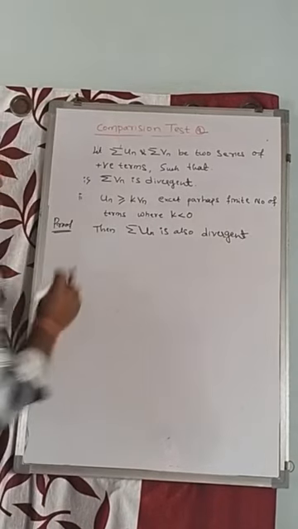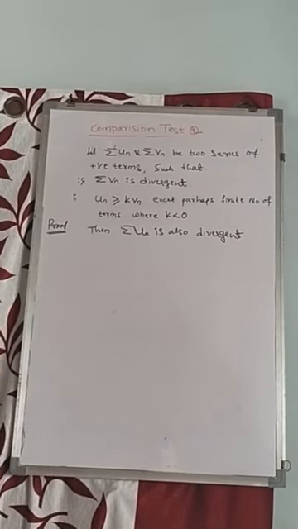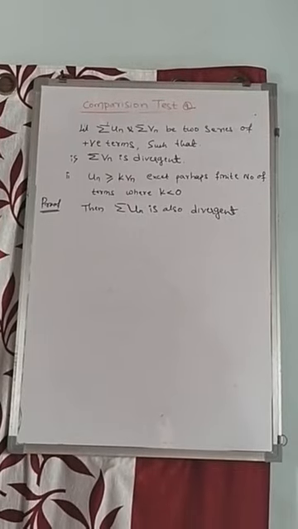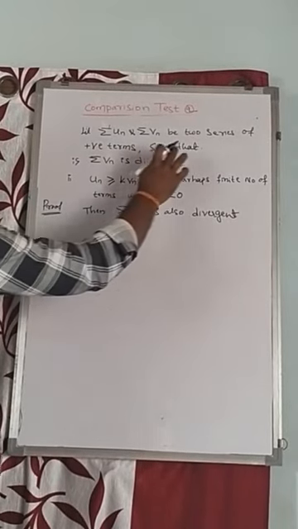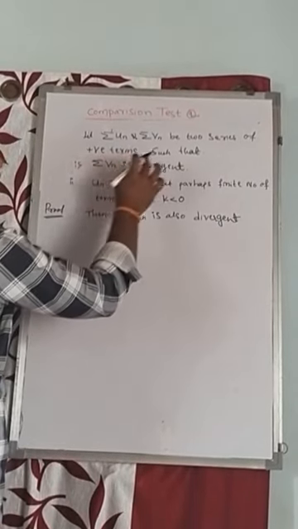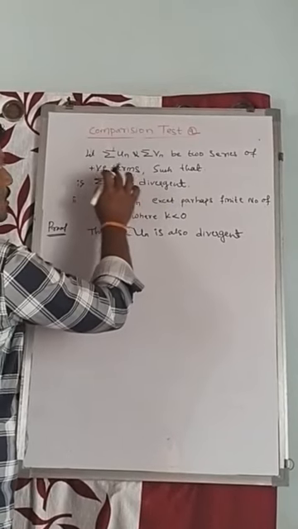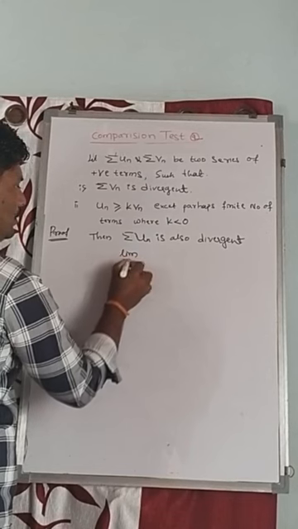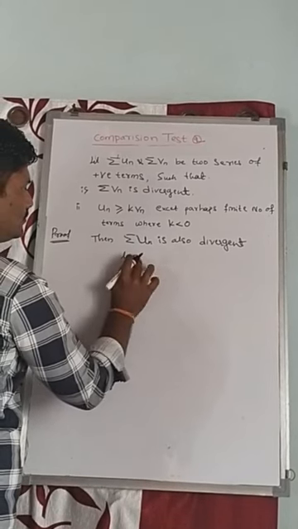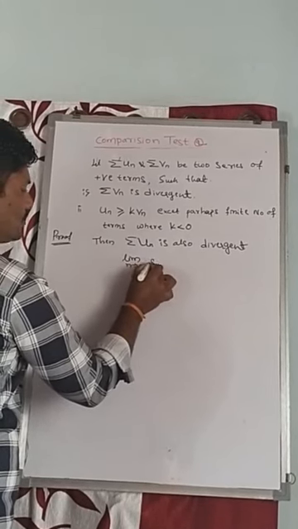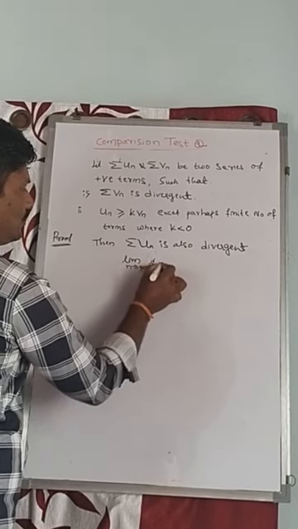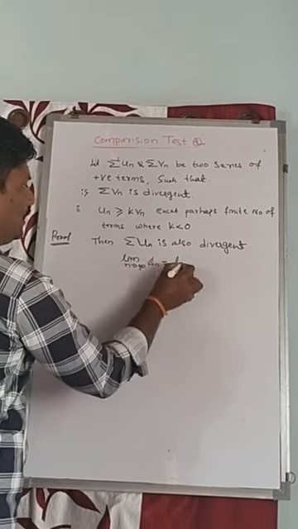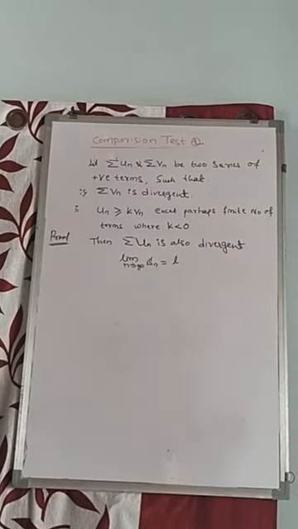First condition, summation of un is also divergent because the two series are series having positive terms and limit n tends to infinity Sn equal to L, a finite quantity.